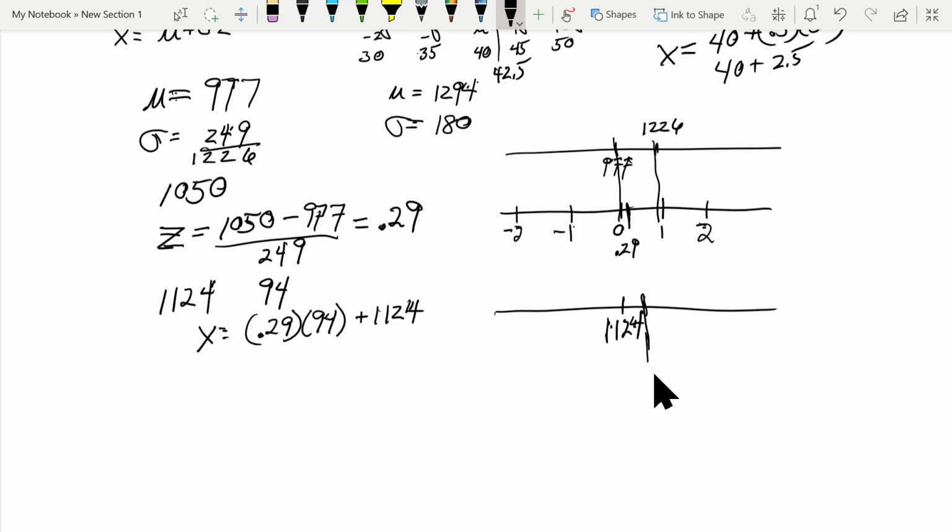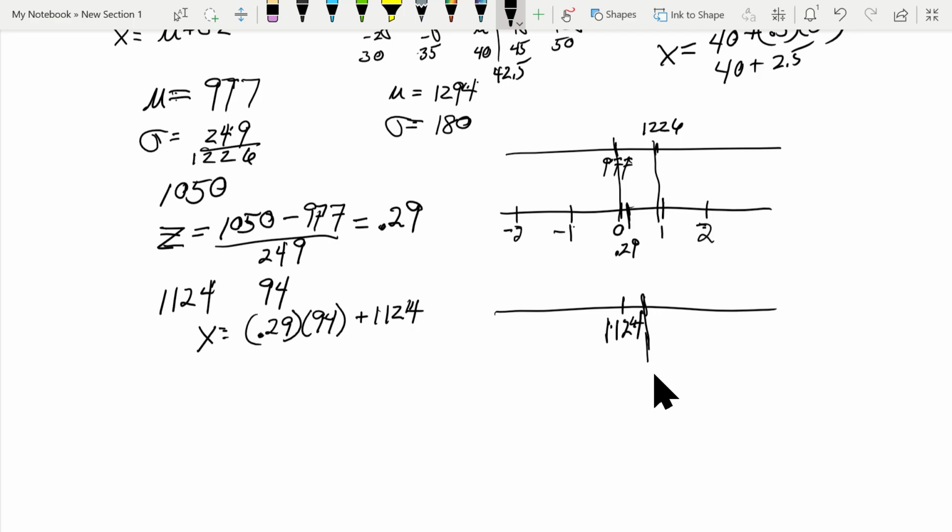My scale of standard deviations is the 249, 180, and the 94. And when I move between them, all I'm doing is saying, here's the standard deviation. Here I am on this scale. If I have a different standard deviation, what is 0.29 of the new standard deviation?